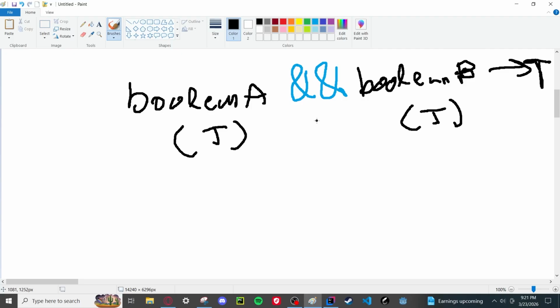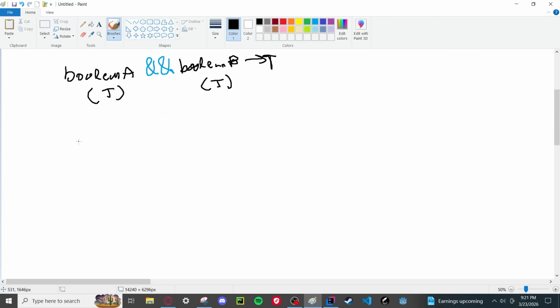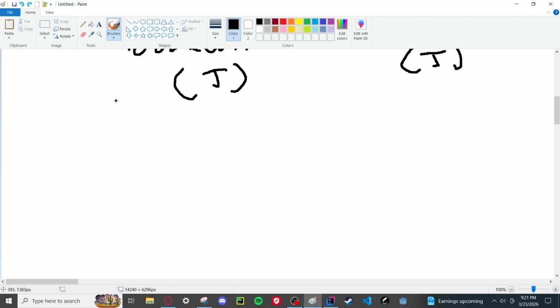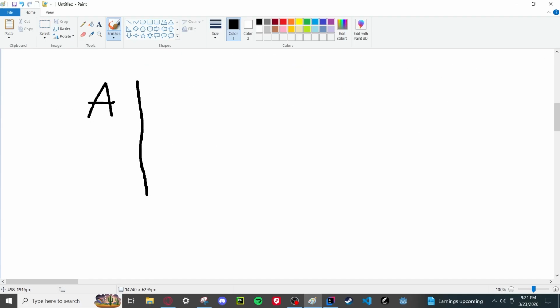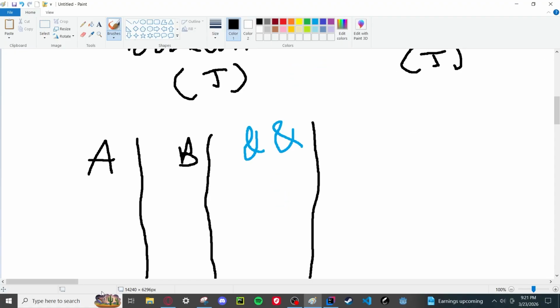So if we look at a truth table for AND, let's say we have A, B, and then what AND gives us. Before we start this, I want to quickly denote something.